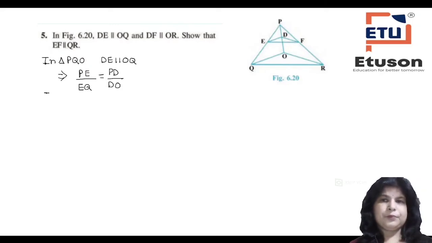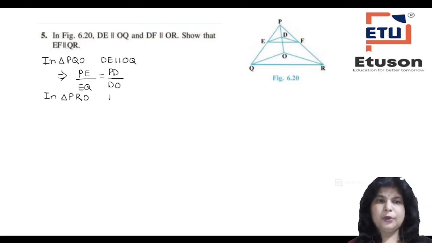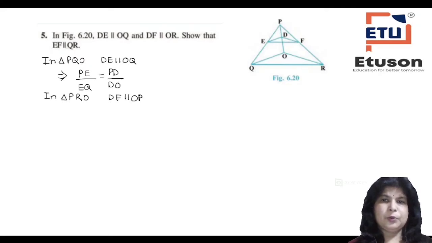So now in triangle PRO, you have DF parallel to OR. It implies your PD by DO will be equal to PF by FR. So both you have obtained because of theorem 6.1.